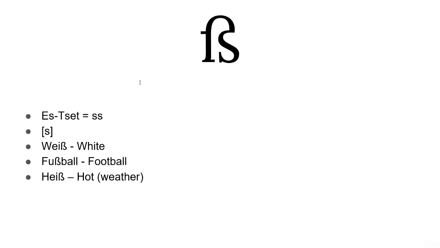Heiß means hot when you are talking, for example, about the weather. When you see the letter E and I together, for example, in the last word, heiß, the sound they make together is I.